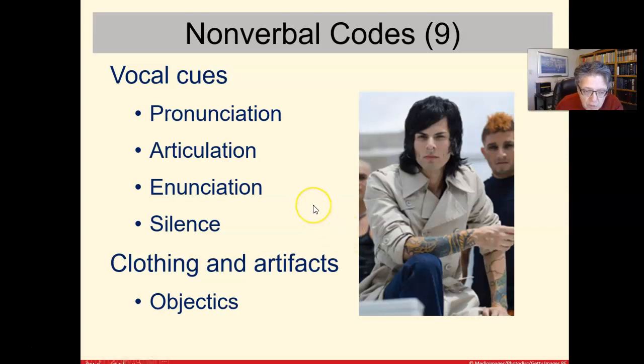Also, in thinking in terms of vocalics or voice cues, we can talk about pronunciation, articulation, and enunciation. Pronunciation is when you say a word correctly, while articulation is whether or not your mouth, tongue, and teeth are coordinated together in order to be understandable to others.